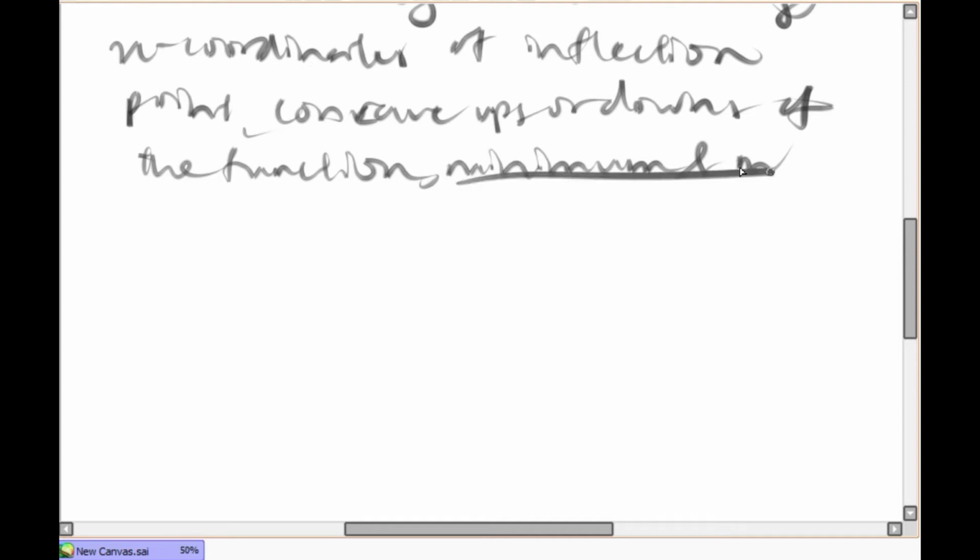More like the local minima and maxima of the graph.